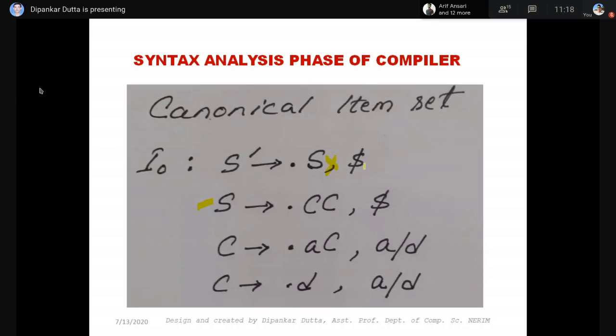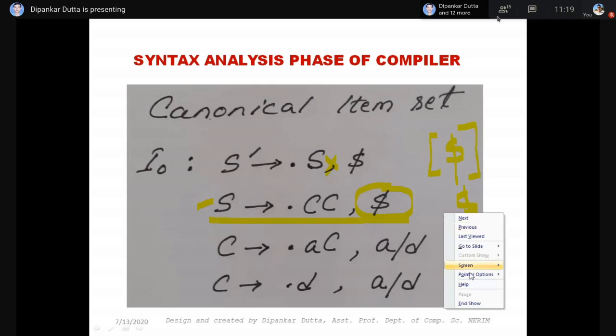Nothing. Beta dollar means only dollar. So what will be the first of dollar? Dollar itself. That is why in this closure set we have to write dollar as the lookahead symbol.